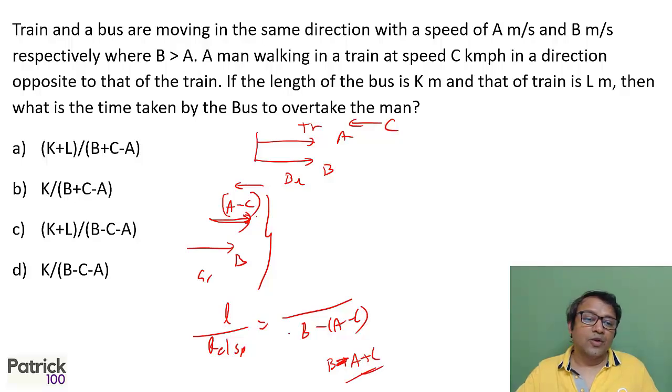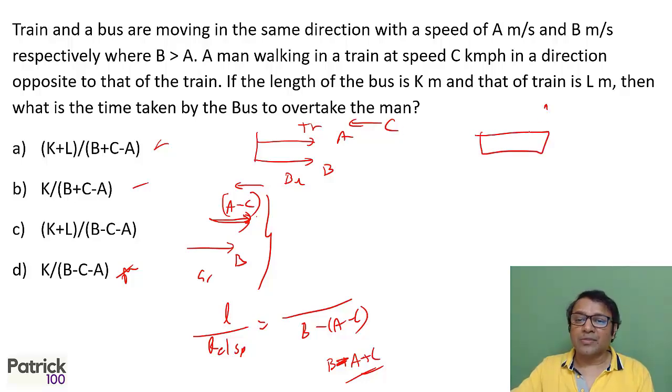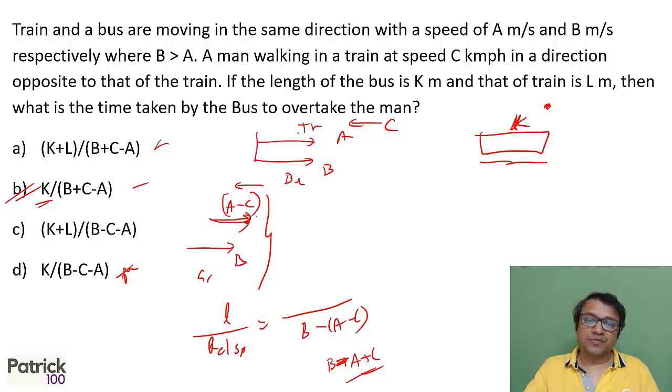What is the length? The bus has to cross the man, so the length of the bus is the length that has to be crossed. That means the length will be K, B option, not the train. So the length he has to cross is K. That will be the answer.